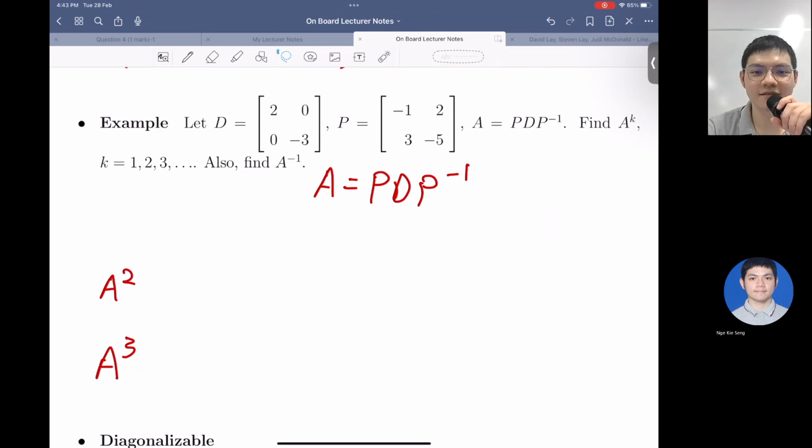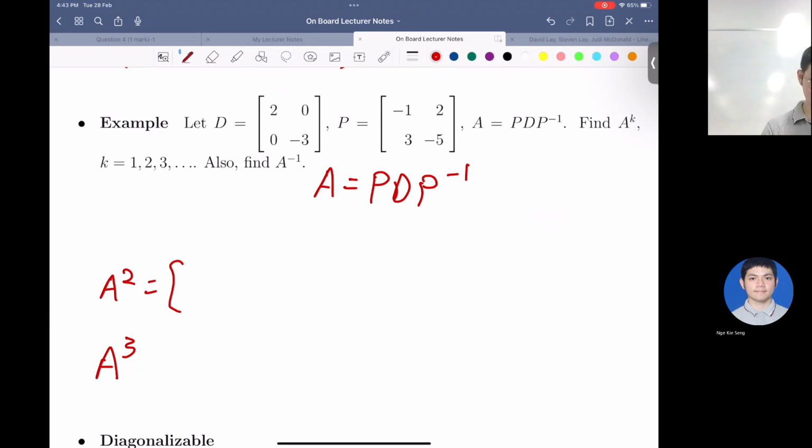You haven't got it yet. What is A squared? I mean, what is A squared? 400.